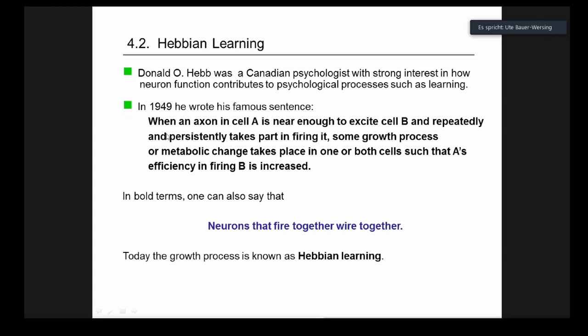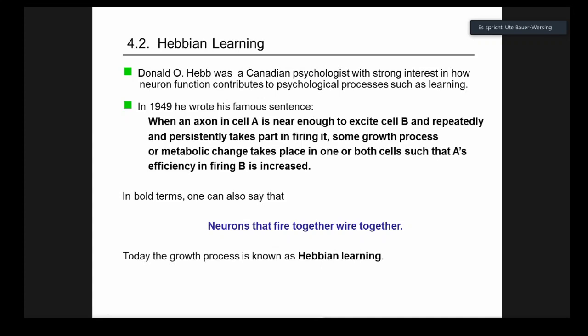What he observed working with his patients is put into a famous sentence: when an axon A in cell A is near enough to excite cell B and repeatedly and persistently takes part in firing it, some growth process or metabolic change takes place in one or both cells such that A's efficiency in firing B is increased.